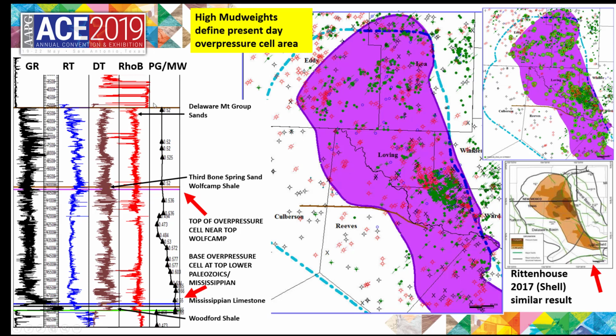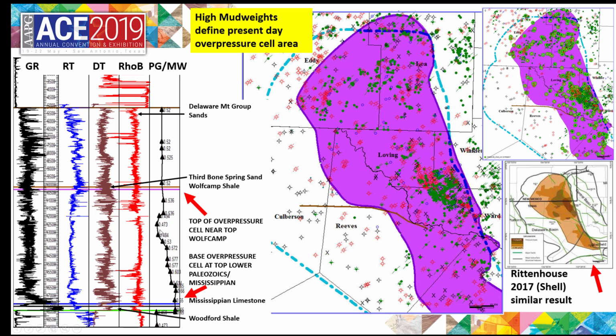So when I look at my Gulf Hayman well again, this is the gamma ray, this is the resistivity, this is the sonic log, this is the density log, and this is the pressure gradient as calculated from mud weight. If you get a little closer, you can see where I start to really go above 0.5, right about here.